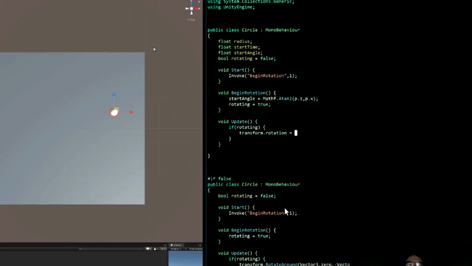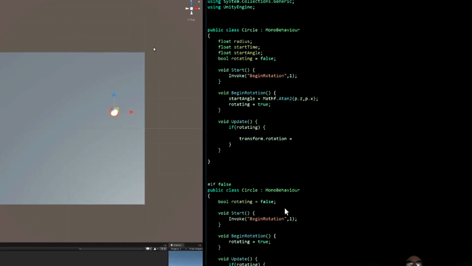And in order to rotate that, I need to translate the object. Oh, hang on. I need to take the vector and then rotate it. I need to rotate a vector so that I have the start angle.